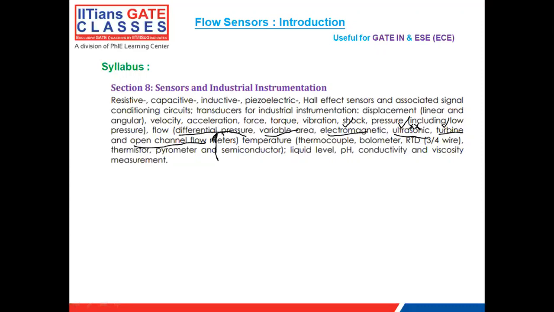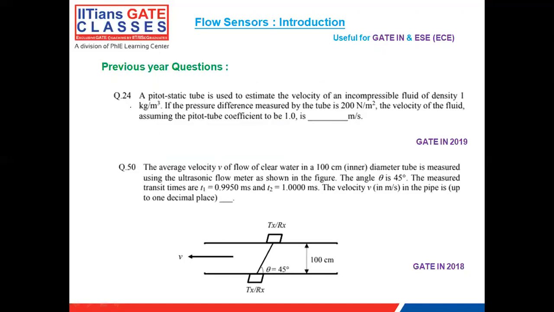Generally every year, 2 or 3 marks of questions come from this particular topic, flow sensors. This topic is designed from the GATE IN point of view, but most of the topics are common for engineering services mains as well as prelims. So let us move forward and see the previous year questions.